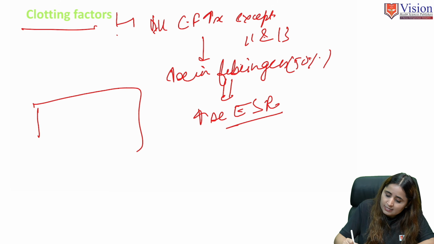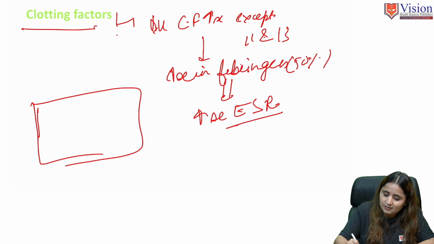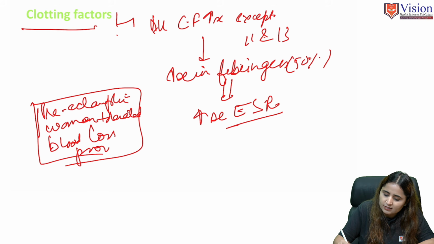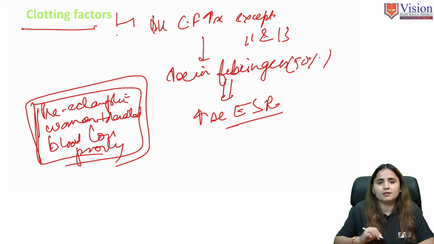And the clinical implication of this is that pre-eclamptic women tolerate blood loss poorly due to changes in the clotting factors.